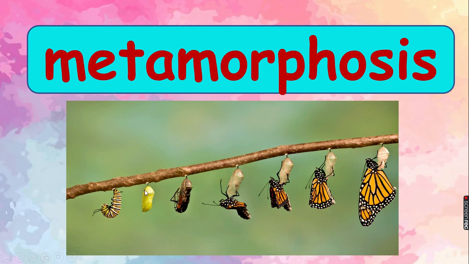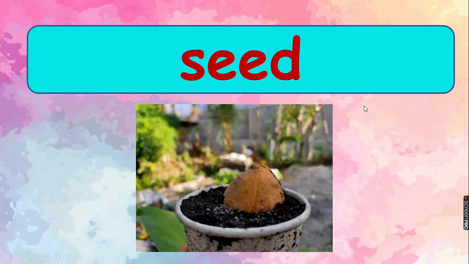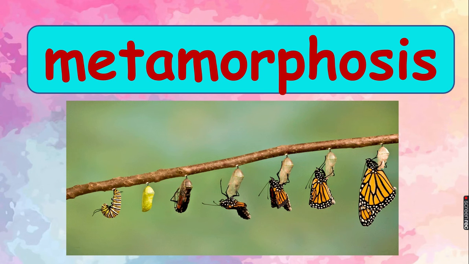Not like bugs or insects or butterflies. First they become egg, which is so different from a caterpillar. And the caterpillar is so different from a cocoon. And a cocoon, of course, turns into a butterfly. So that's what we call metamorphosis. Can you say that again? Metamorphosis. That's the life cycle of most insects.